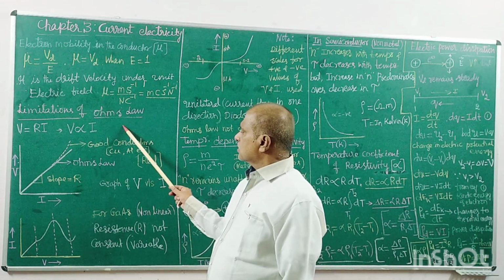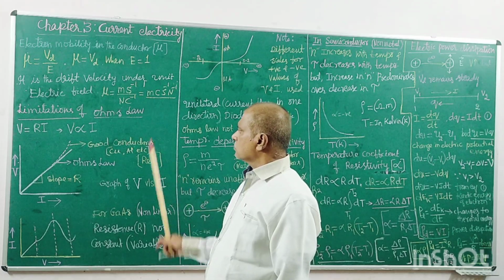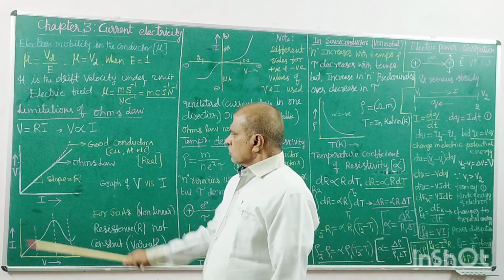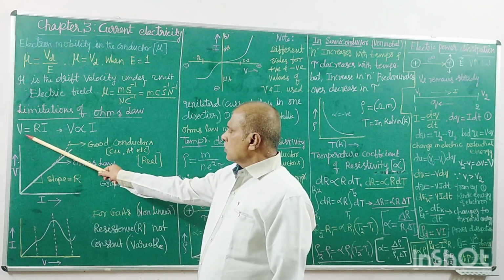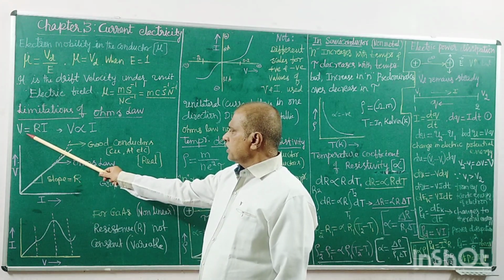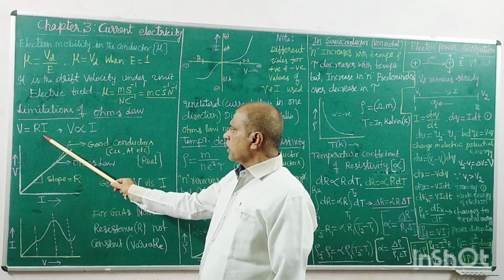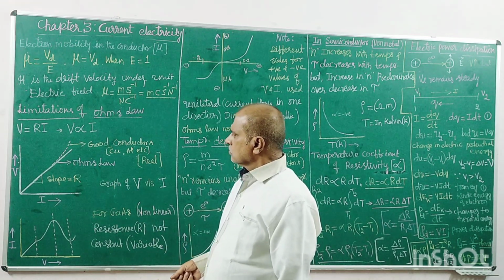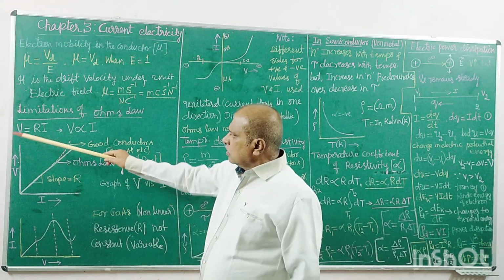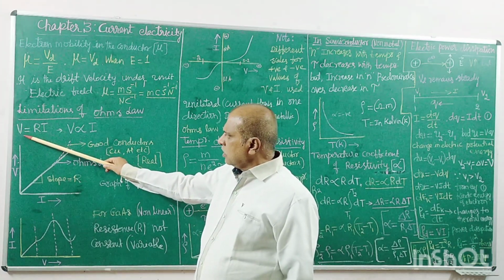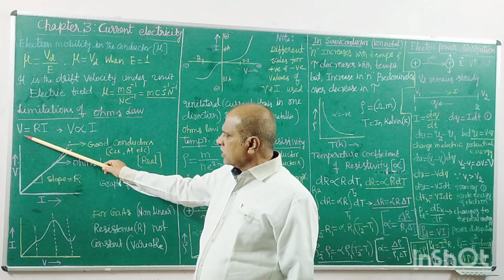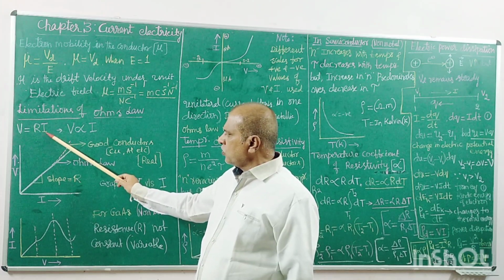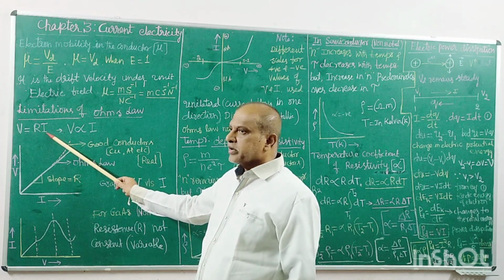And the next is Ohm's law. As you know, Ohm's law is defined by the equation V is equal to RI. It says the potential or the voltage applied across the conductor is directly proportional to the current flowing in it.